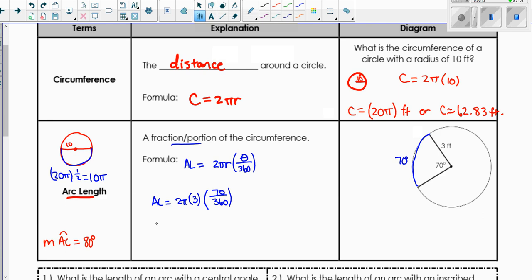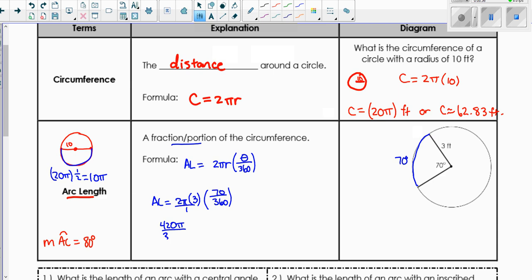There's two ways that you're going to write your answer. One is an exact and one is an approximate with 2 decimal places. Whenever you do an exact, this all is a fraction over 1. Multiply your numerators. So you do 2 times 3 times 70, which is 420. And notice I skipped over the pi because giving an exact answer means pi is in the answer.